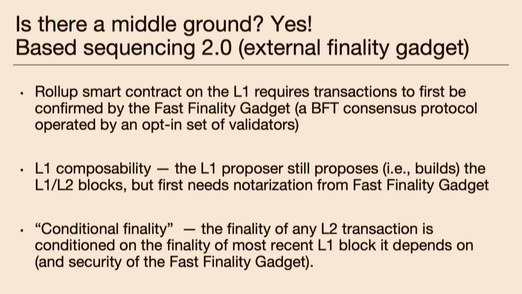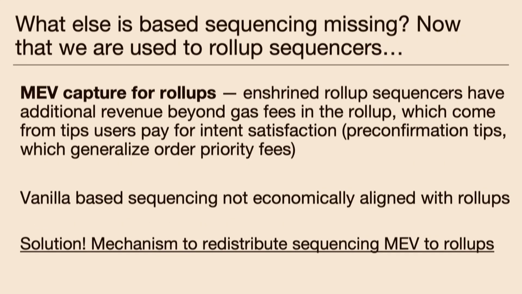What we can achieve here is what we call conditional finality. The finality of any L2 transaction is now conditioned on the finality of the most recent L1 block that it depends on, and of course the security of the fast finality gadget. So this inherits the composability benefits of base sequencing, but also retains the benefits of external sequencers that were introduced by rollups.